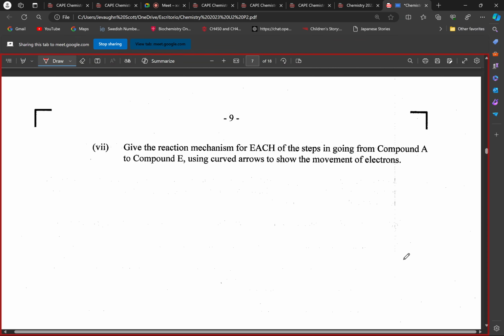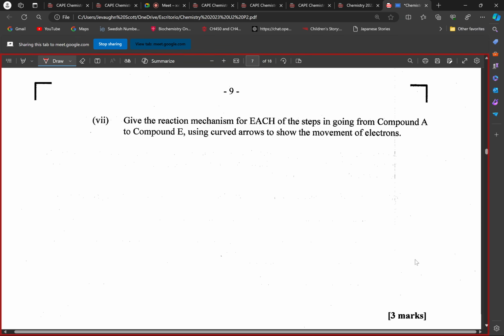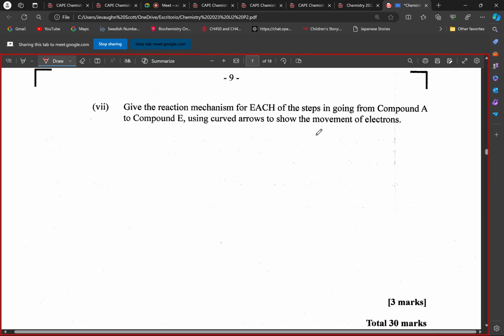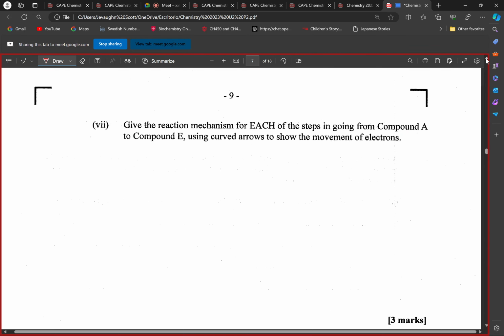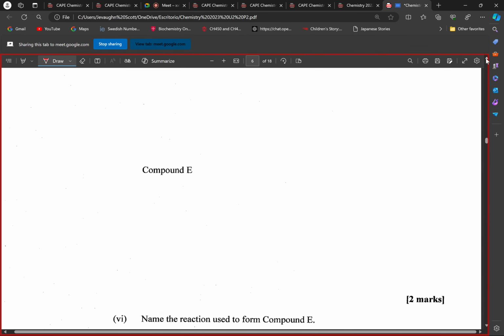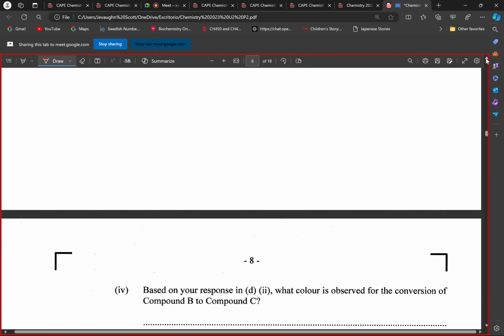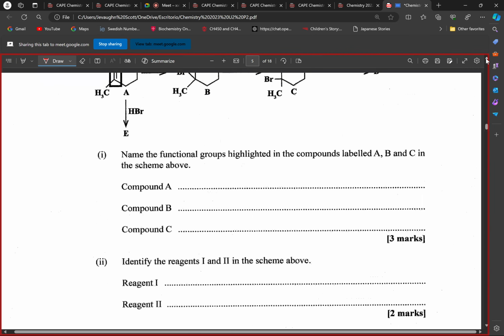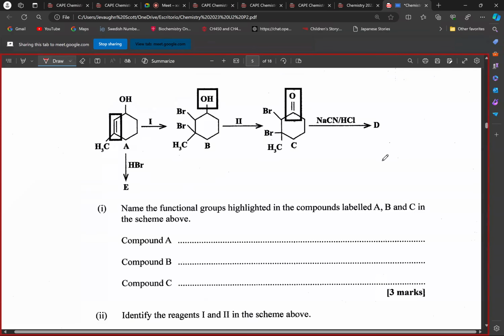Okay, so let's have a look at this now. Compound A, give me a second, let me go back up to compound A because we need to be skipping through the paper to see the compounds that we're looking at. I'm just going to take a picture of the compounds with my phone so I can scroll back down and then do the question.